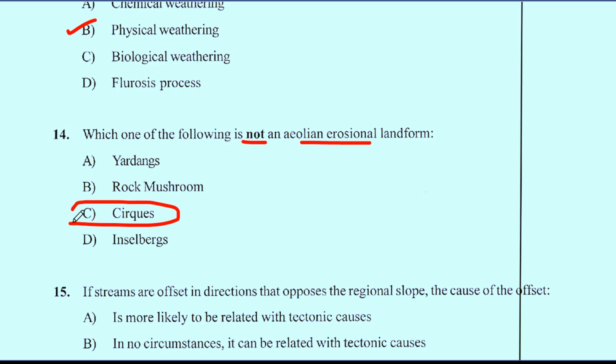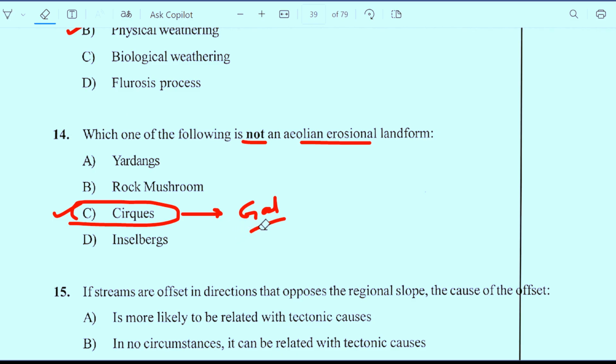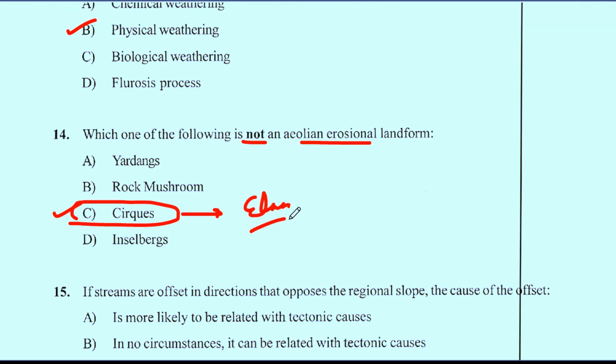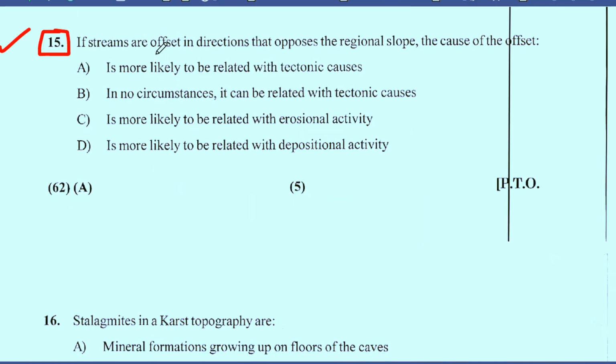And we know that this is related with glacier erosion and deposit, the glacier. So if a stream is offset in a direction that opposes the regional slope, what is the cause of the offset?